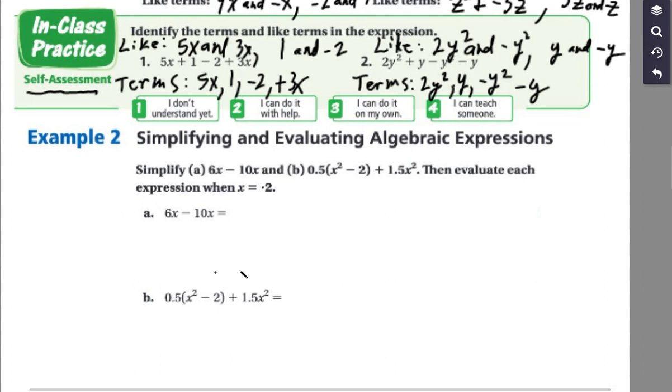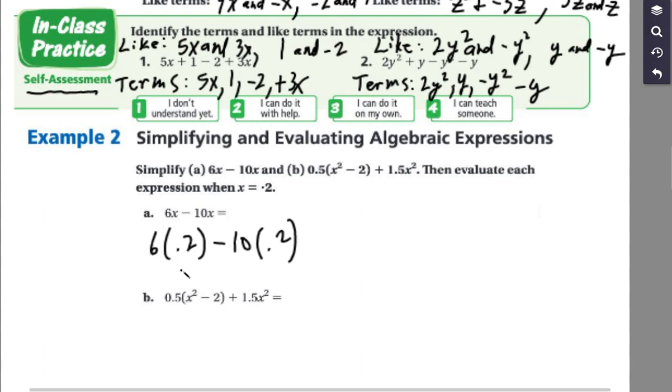All right, so then the last part on this page is to simplify and evaluate algebraic expressions. We're going to take the 0.2 and plug it in right here into this equation, okay? So that's going to be 6 times 0.2 minus 10 times 0.2.